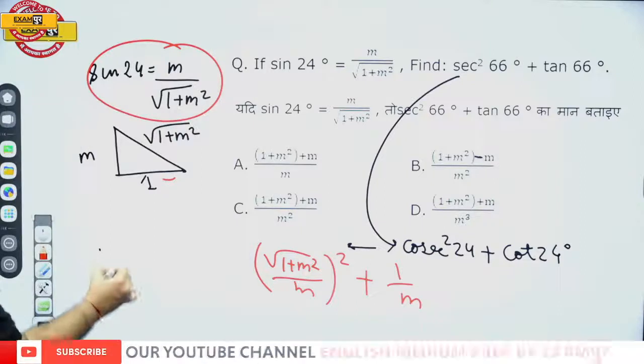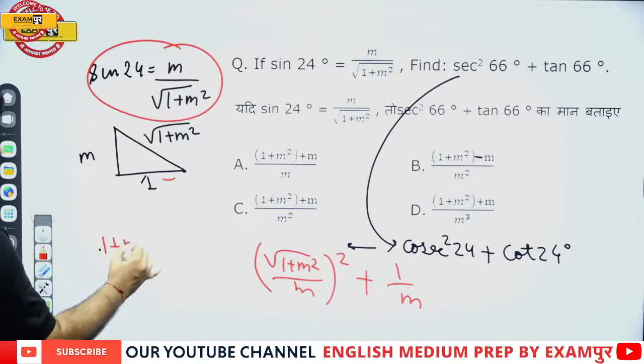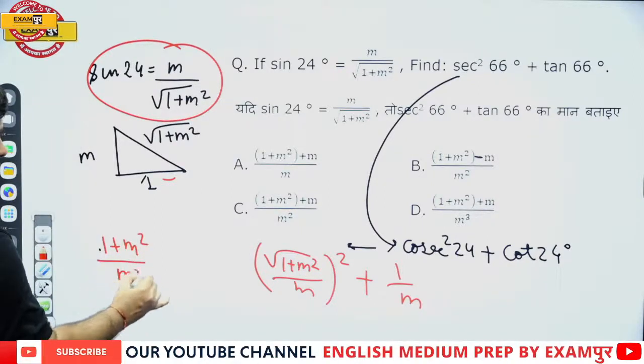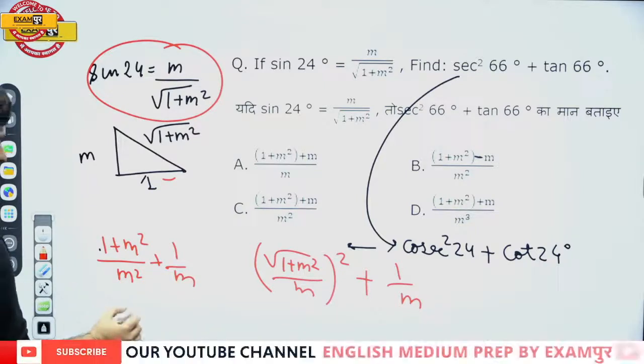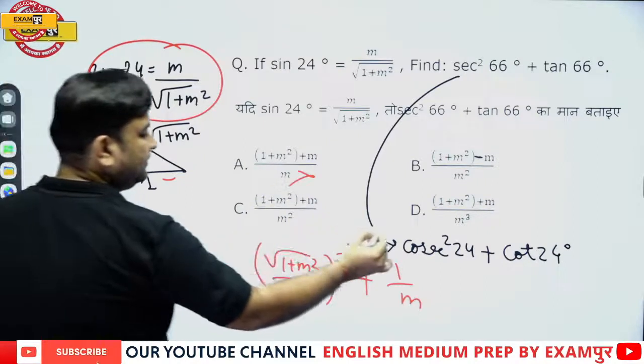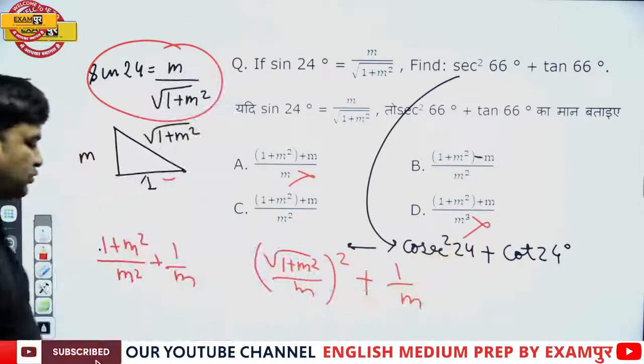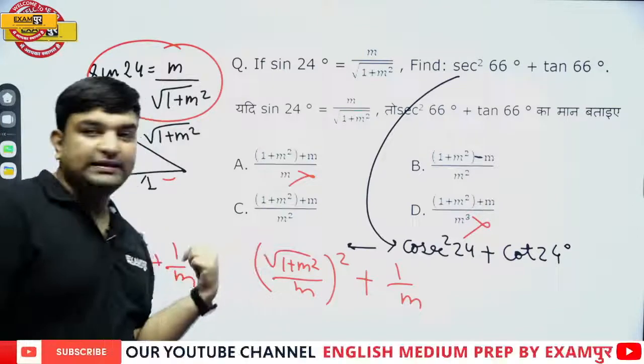So let's watch out. It's 1 plus m square over m square plus 1 by m. Now if I take the LCM, it's going to be m square in the LCM, and there is nothing negative.